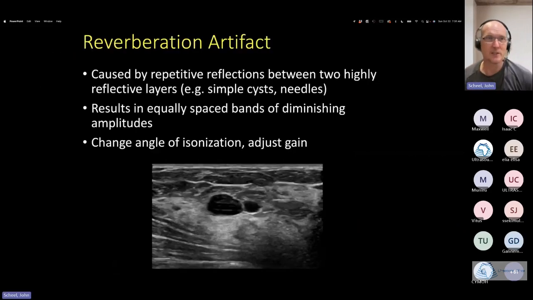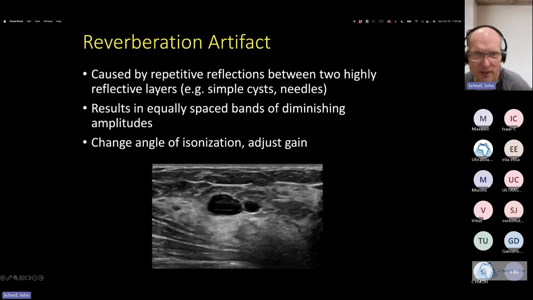Next artifact is a reverberation artifact. It's caused by repetitive reflections between 2 highly reflective layers, so like simple cysts. You can tell the difference because they're equally spaced bands of diminishing amplitude. So you can see here in this figure the reverberation artifact where you see 2 or 3 lines that are straight.